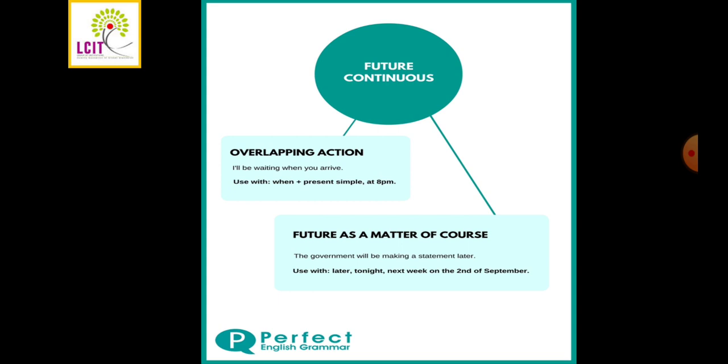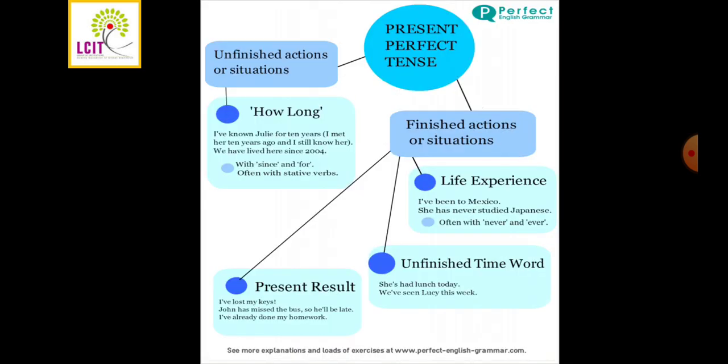So first thing we learnt was simple tense, then we learnt about continuous tense. Now we are going to learn about perfect tense. Now what is perfect tense? The perfect tense actually shows an action that has already been completed.